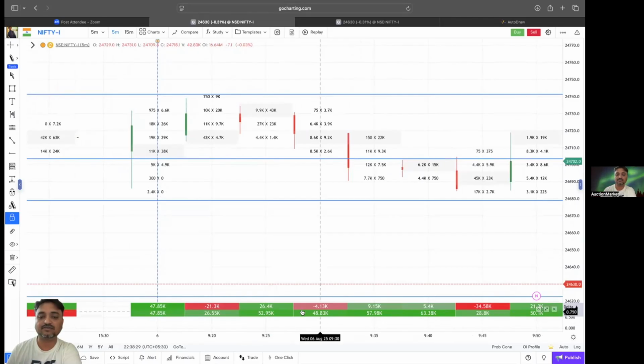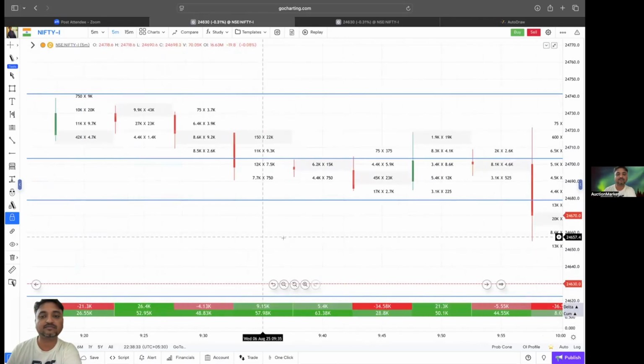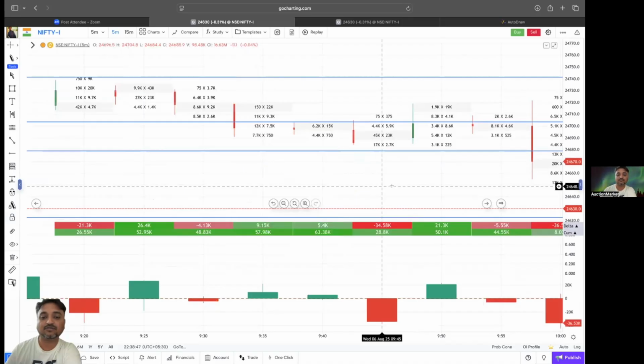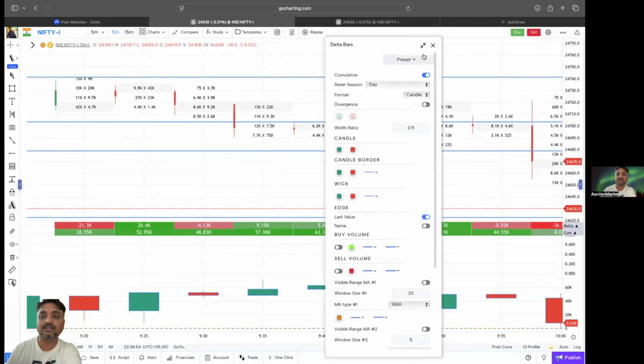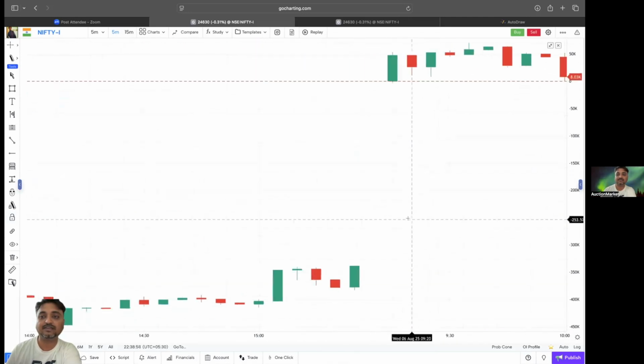We also have something called delta bars. Delta bars will just make this cumulative delta, and you can easily see this particular graph here.